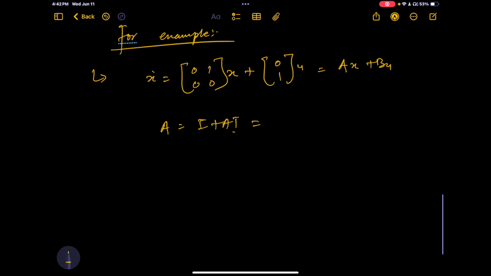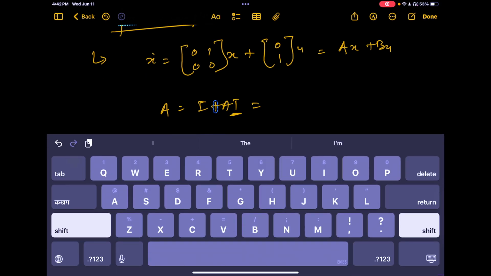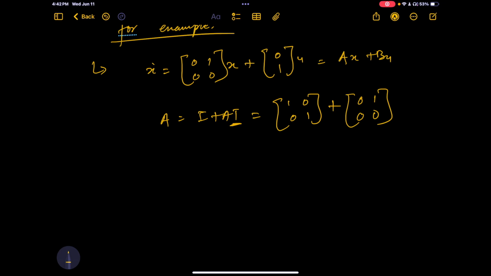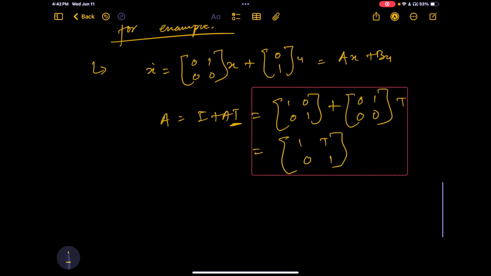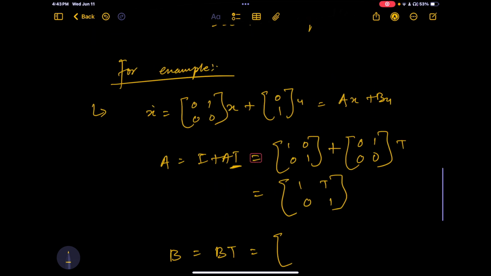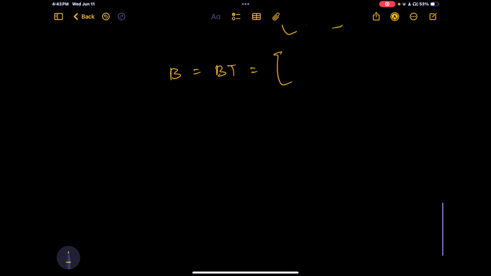We are discretizing using time. So we have A, this one, and the identity [1 0; 0 1] plus A times T, which is [0 1; 0 0] multiplied by T, so we eventually get [1 T; 0 1], right? And we get B equal to BT, which will be equal to [0; T]. Good.